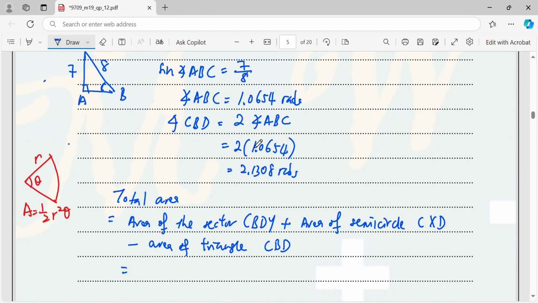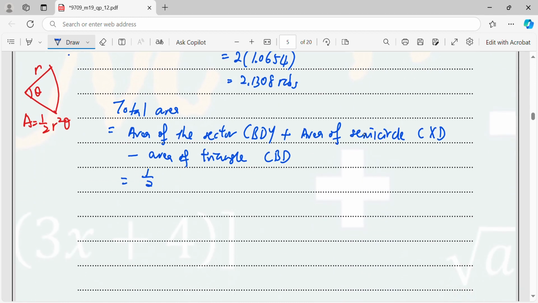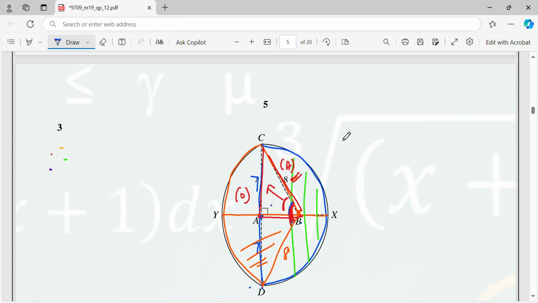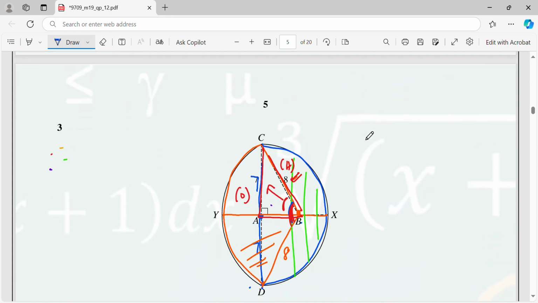So for the first one, it will be half R squared theta. So that is half, your R is 8, which is the orange color radius, then theta is this angle, 2.1308. Then plus area of semicircle. For your information, if it is a circle with radius R, the area of a circle is pi r squared.